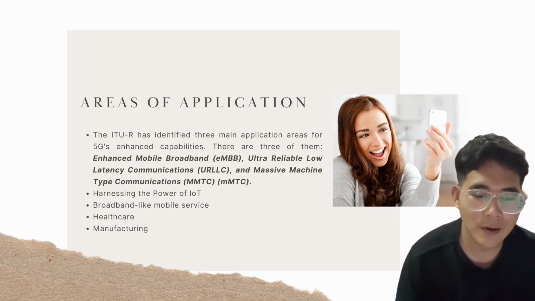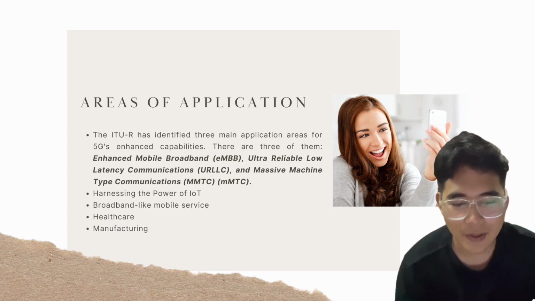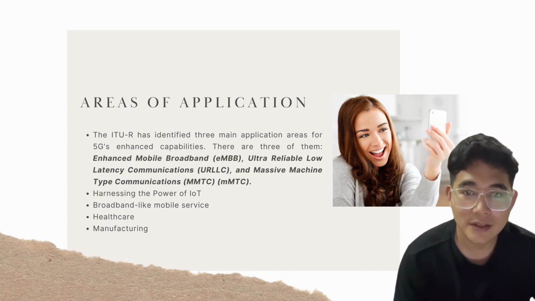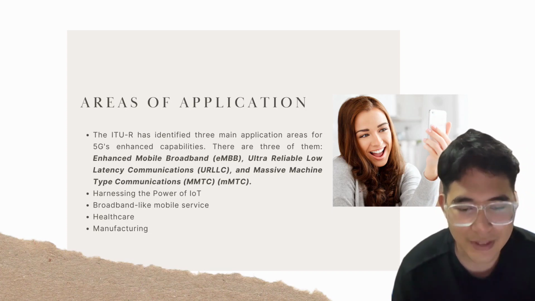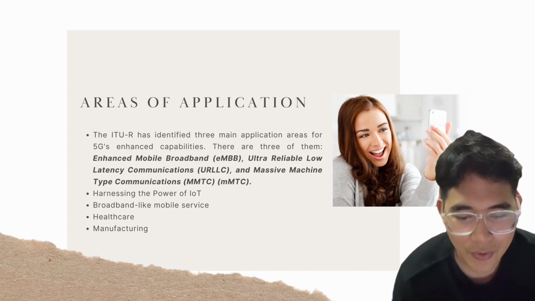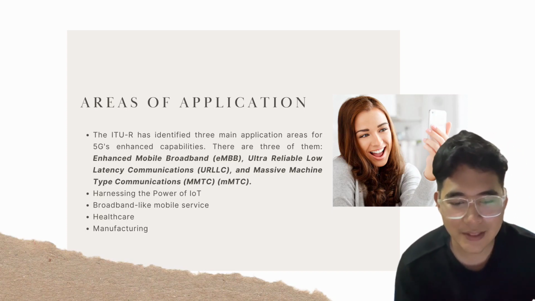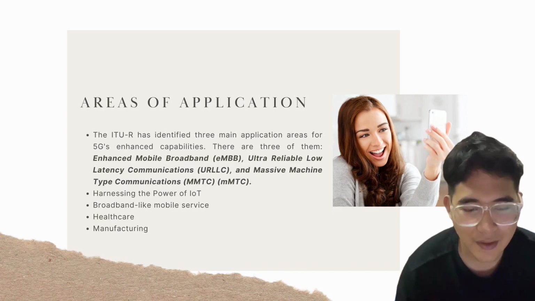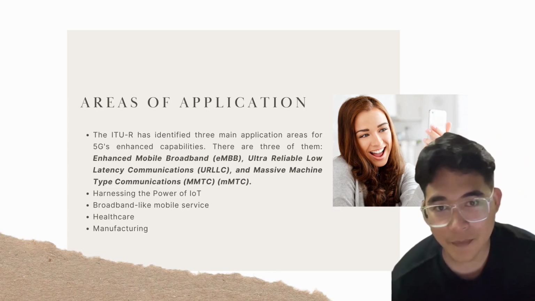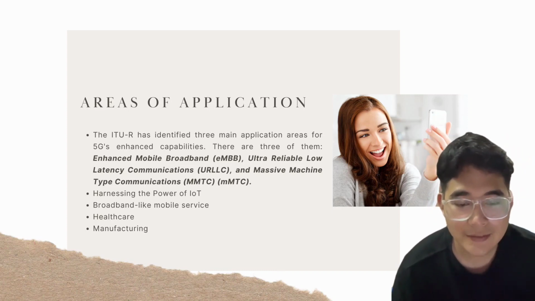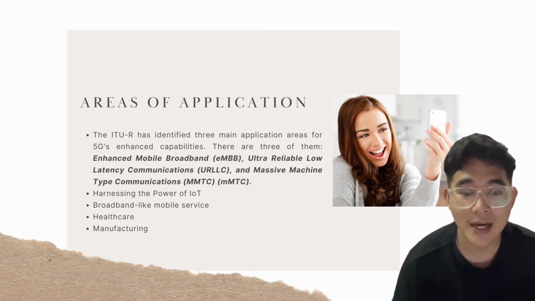So the second one is 5G mMTC. mMTC stands for Massive Machine Type Communication. It supports high density of devices. It also supports long range. It supports low data rate, and lastly, it leverages the benefits of ultra-low cost M2M. Lastly, 5G URLLC.